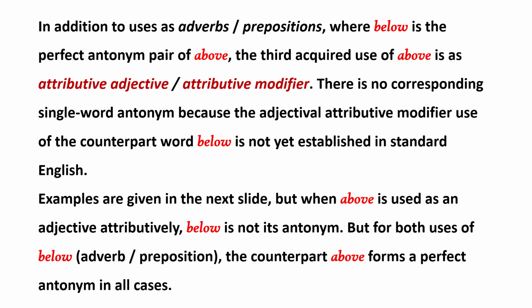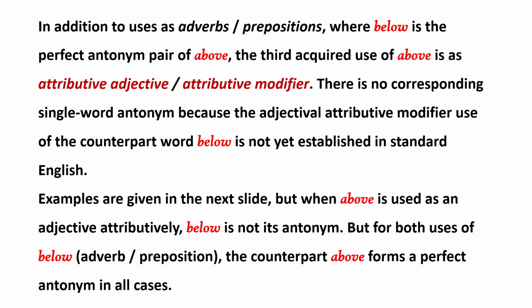When you're using the word above as attributive adjective, there is no corresponding single word antonym because the attributive modifier use of the counterpart word below is not yet established in standard English.